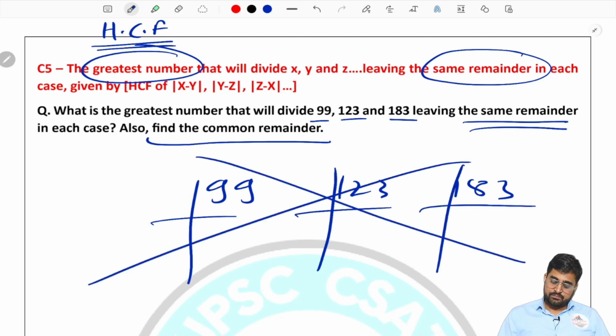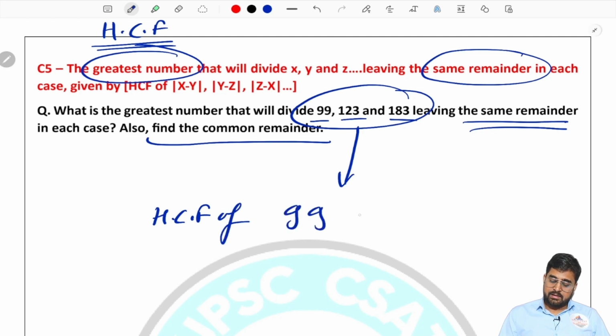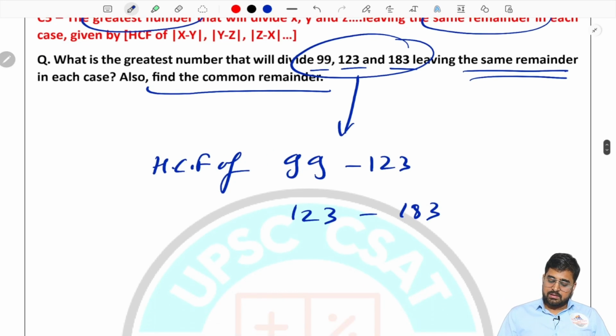Don't. You have to take the HCF of 99 minus 123, 123 minus 183, and 99 minus 183.